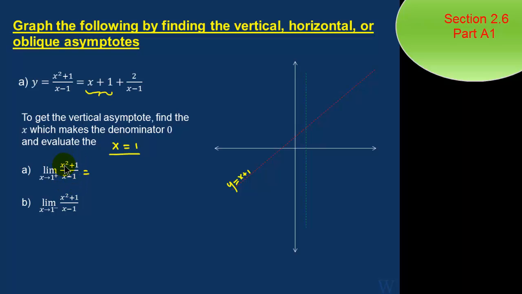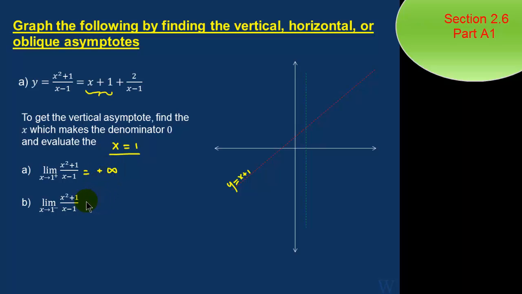And this is just 1 or some number close to 1. When you square it, this number will be close to 2. So a positive divided by a very, very small positive number will give us plus infinity.